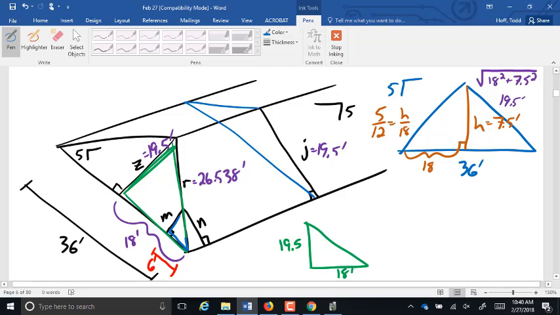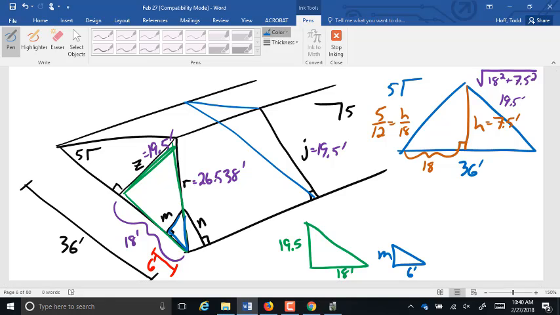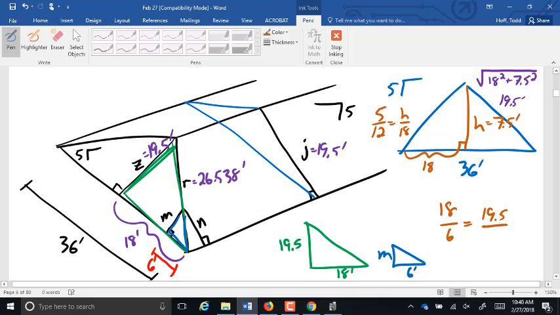For M, I would set up this triangle. This is M and this is 6, right? So we now have that relationship. 18 is to 6 as 19.5 is to M. Cross multiply and divide. M is 6.5 feet. Make sense so far?